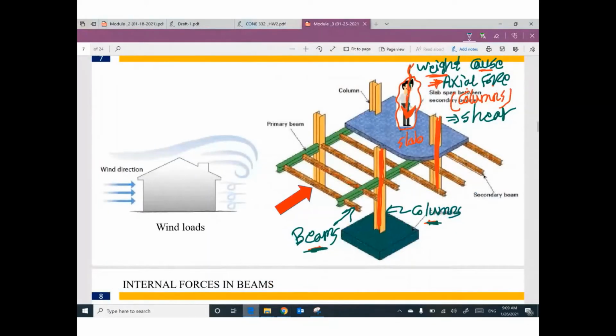Thank you. Beams. Why beams? For one reason. This vertical weight is perpendicular to the direction of the beams. So if your force is perpendicular to the member, it will cause shear. If your force is parallel to the member, it will cause axial force.